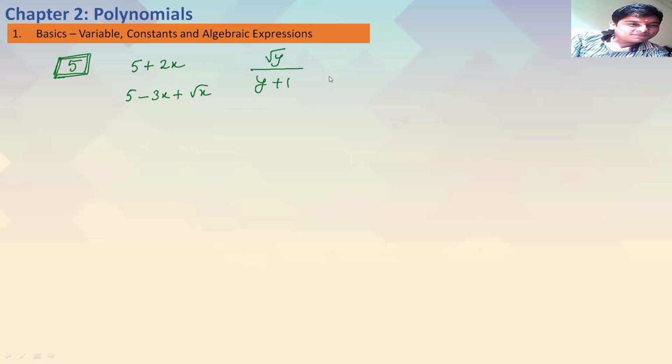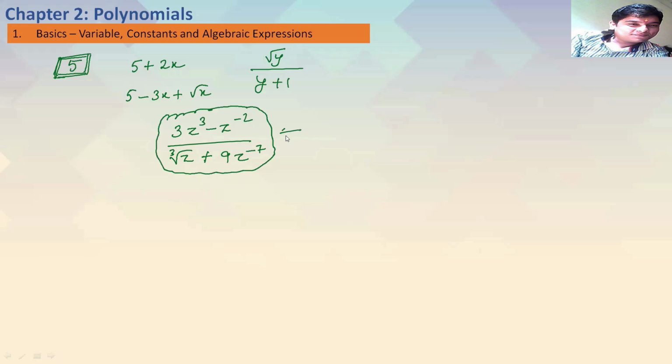Are you getting me, Ankita? This is an algebraic expression, 3z cube minus z power minus 2 divided by cube root of z plus 9z power minus 7. It could be any expression wherein constants and variables are involved.